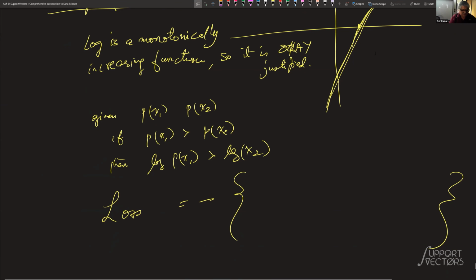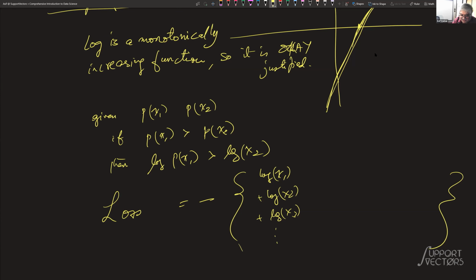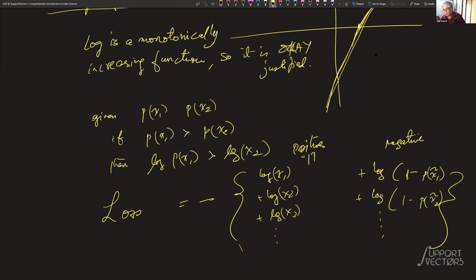Maybe I'll write it this way again: log p(x1) plus log p(x2) plus log p(x3), all the positive cases, plus log of 1 minus probability of x tilde 1 plus log of 1 minus probability of x tilde 2, all the negative cases. That's what we wrote a little while ago.